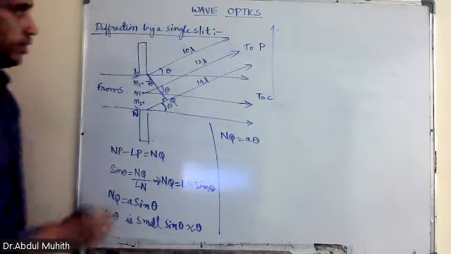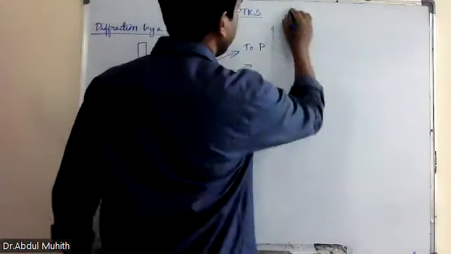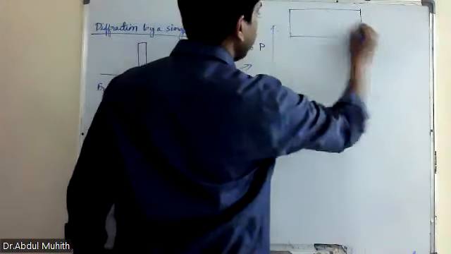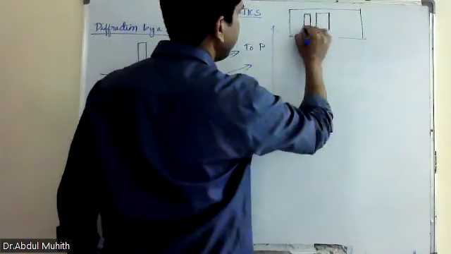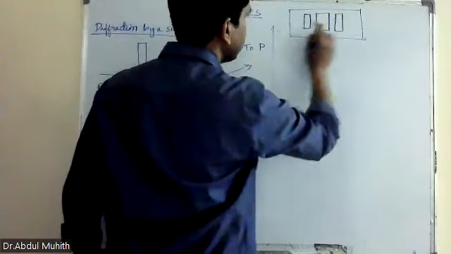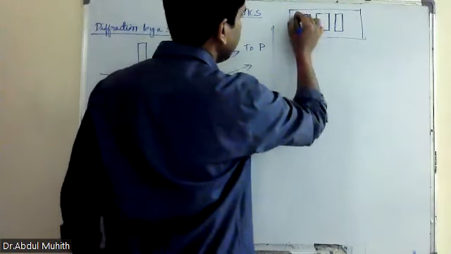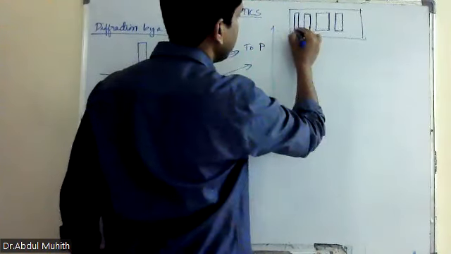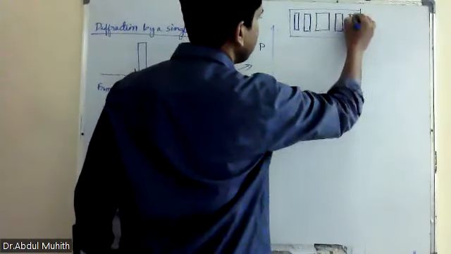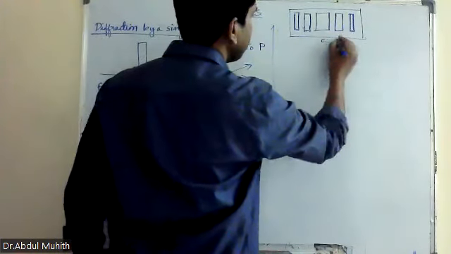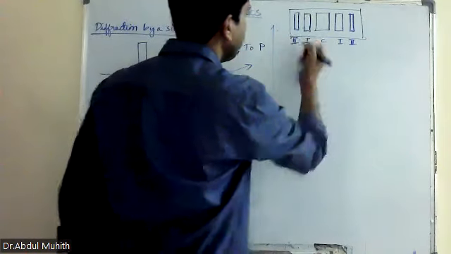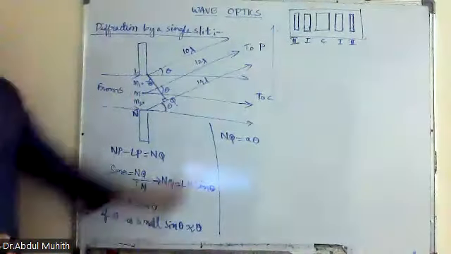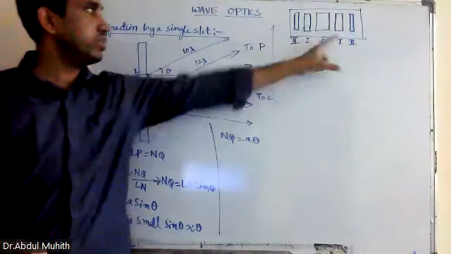If you look at the diffraction pattern on the screen, this central one will be bright like this. This is the first order, and this will be the second order. Central maxima, first order, second order. These two are first order. These two are the second order.